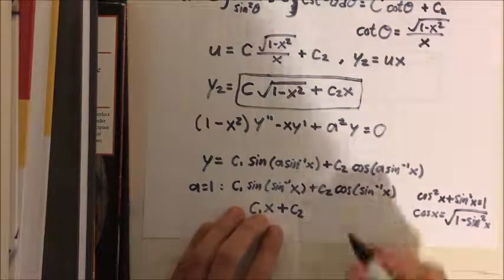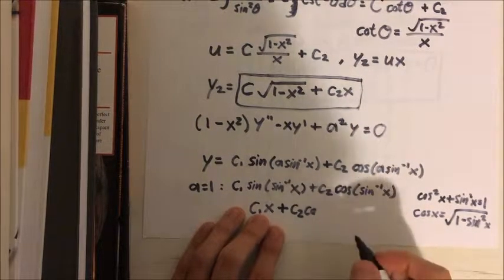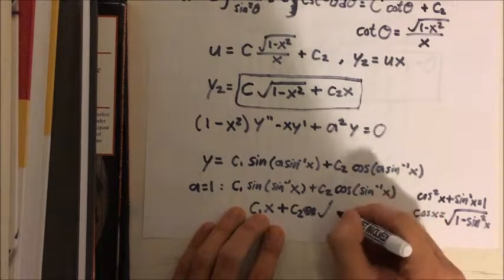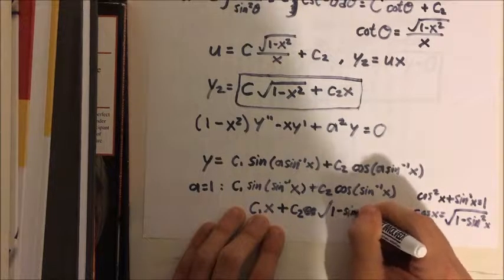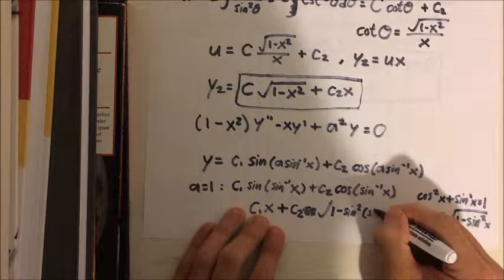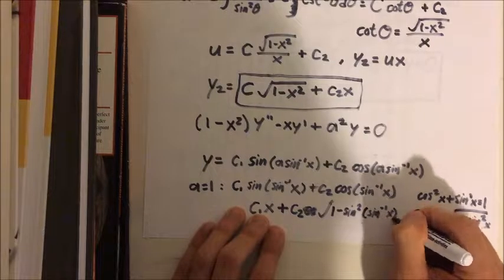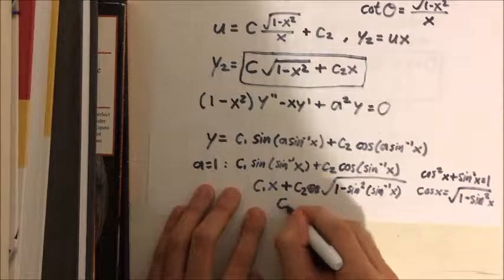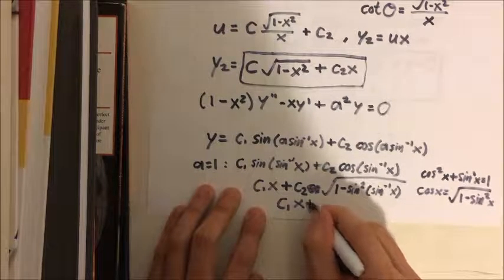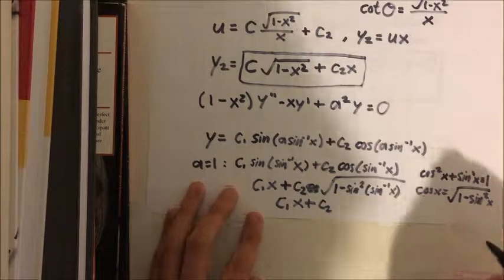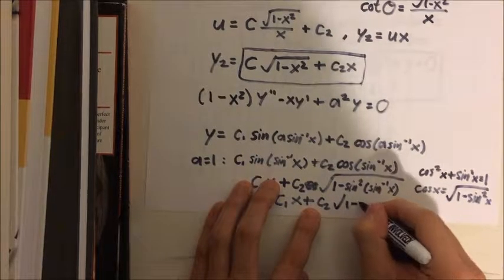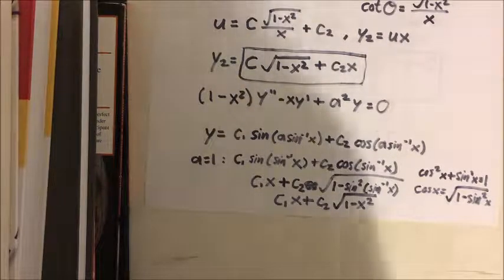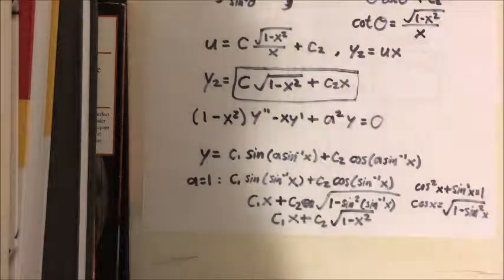So cosine of that should equal the square root of 1 minus sine squared of the inverse sine of x. And as we saw again with the same rule, we get c1 x plus c2 times the square root of 1 minus x squared. So that's just showing that our solution was a special case of something more general.